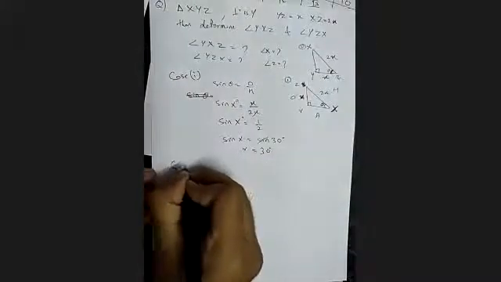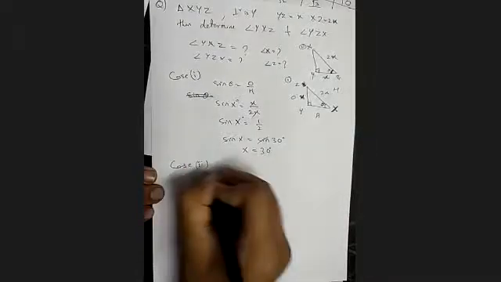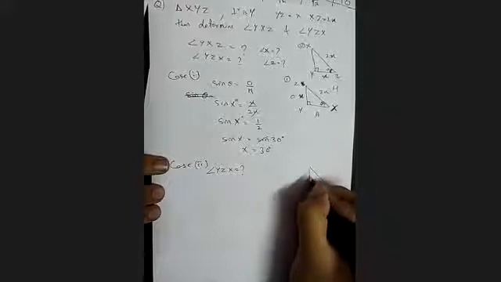Now in case 2, we have to find angle Z, that is YZX. So let's redraw the triangle.